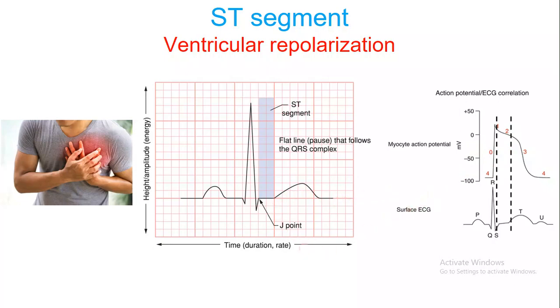Detection of such changes is very important in the diagnosis of ischemia in chest pain presentation. The ST segment, which is from the J point or the end of the QRS complex to the start of the T wave, is an isoelectric line, opposite to the plateau segment of the action potential wave, as we see here.